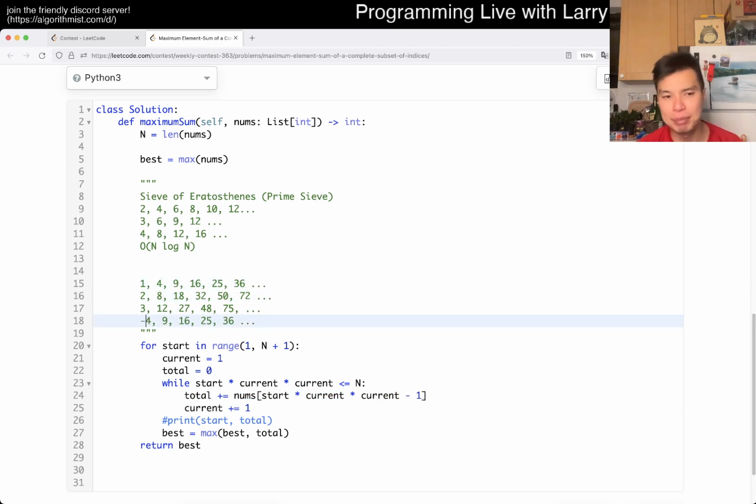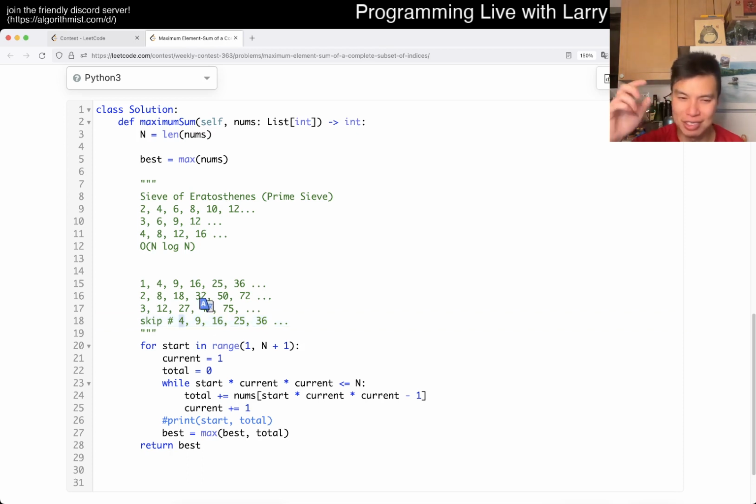And if we skip every number like this, that means we only look at each number once or twice, if you want to say the quick check in the beginning to see if we've done it already. So every number only gets looked at a constant number of times. So this is going to be linear time. So yeah, I think that's right. If I'm wrong, then I apologize. But that's basically the whole idea behind this problem.